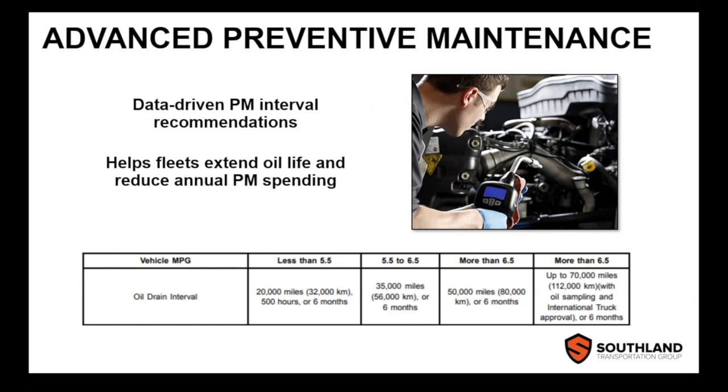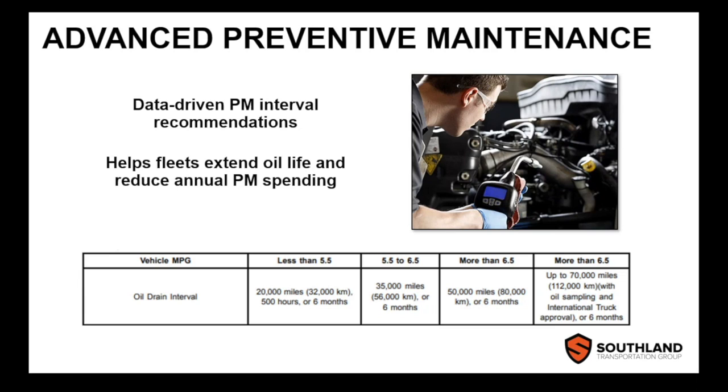So let's look at a little bit more detail now on the first one, which was advanced preventive maintenance. Again, we're taking data that's coming from telematics and using that data to drive the PM interval recommendations. This also helps to extend the oil life of your truck. In other words, you're not changing the oil too soon. Manufacturers, as we all know, have extended the oil drain intervals on the trucks.